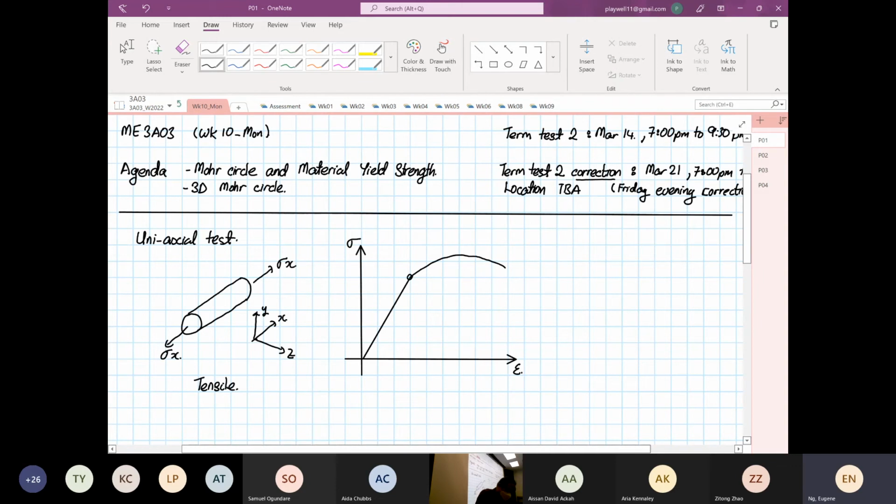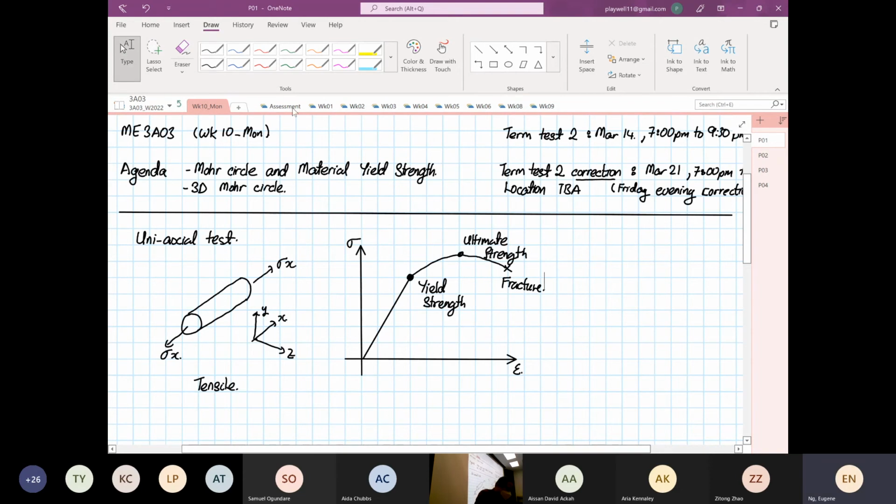This dot point that I point down here is our yield strength, as you know by now. And over here is our ultimate strength. Then point X is where you see we have fracture.